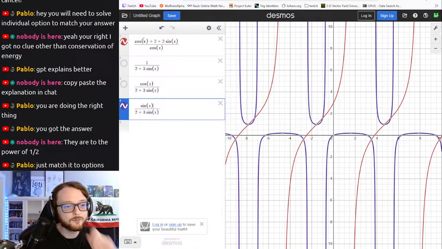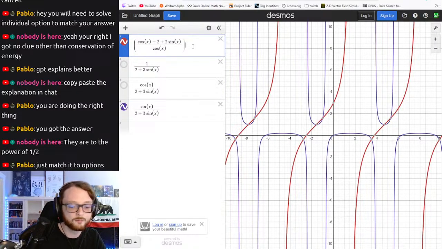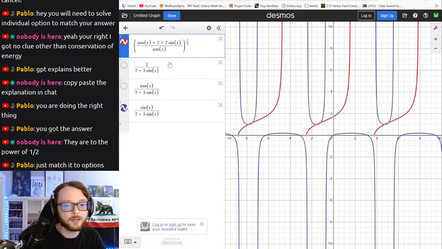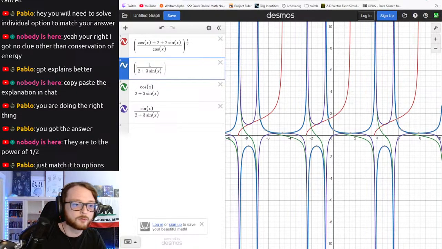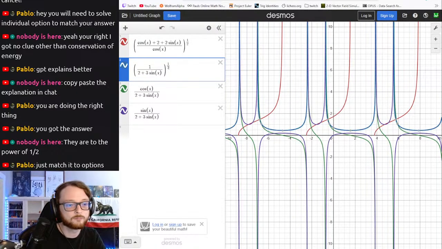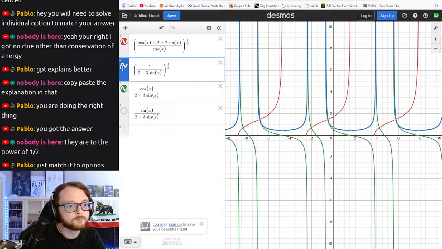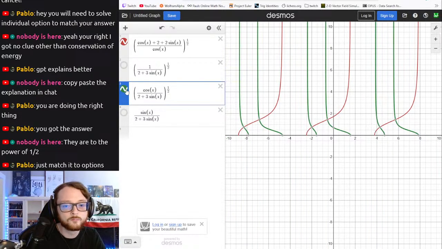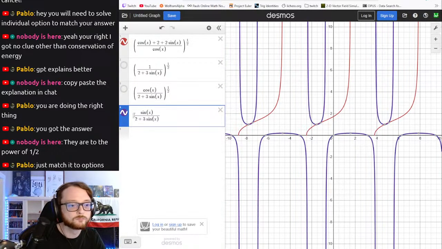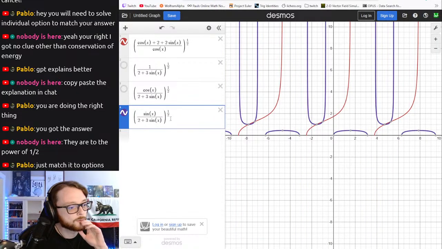I guess maybe there's some weird trig stuff that's happening. I feel like I should only need to match the inside, but we'll look at it just to be sure. Nope, doesn't change anything.